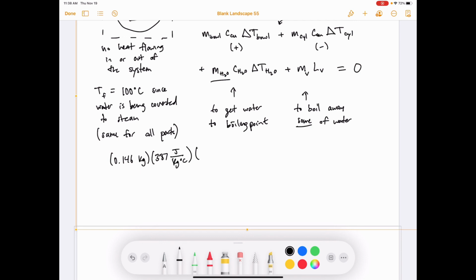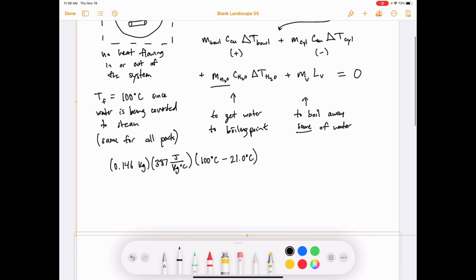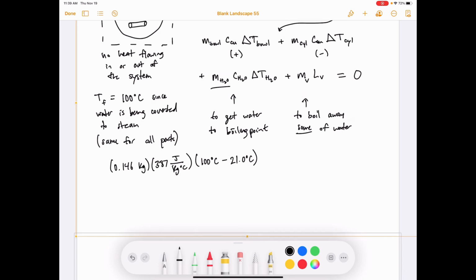Okay, what's the temperature change of the copper bowl? Well, it ends up at 100 degrees Celsius, so that's T final. And then we subtract T initial, which is 21 degrees Celsius. Okay, so that's the first term for the copper bowl.